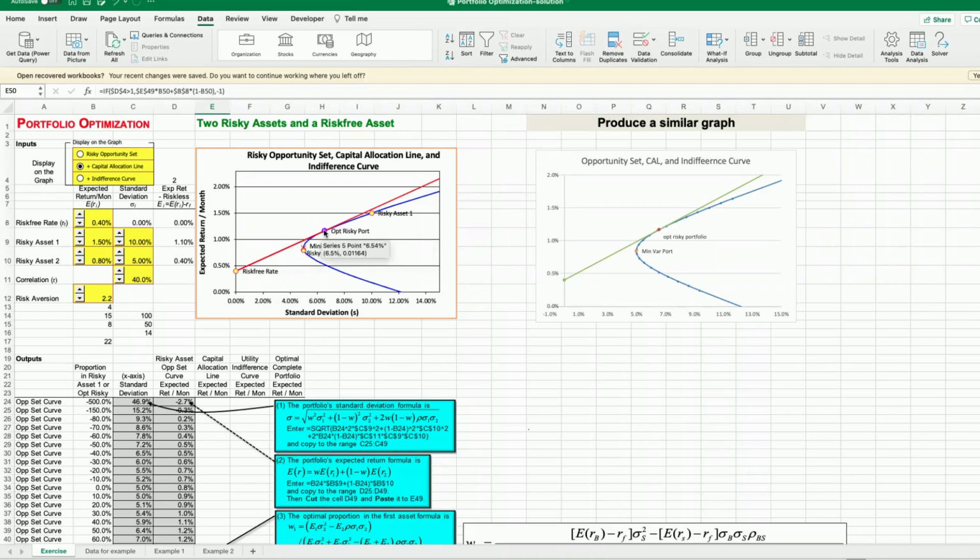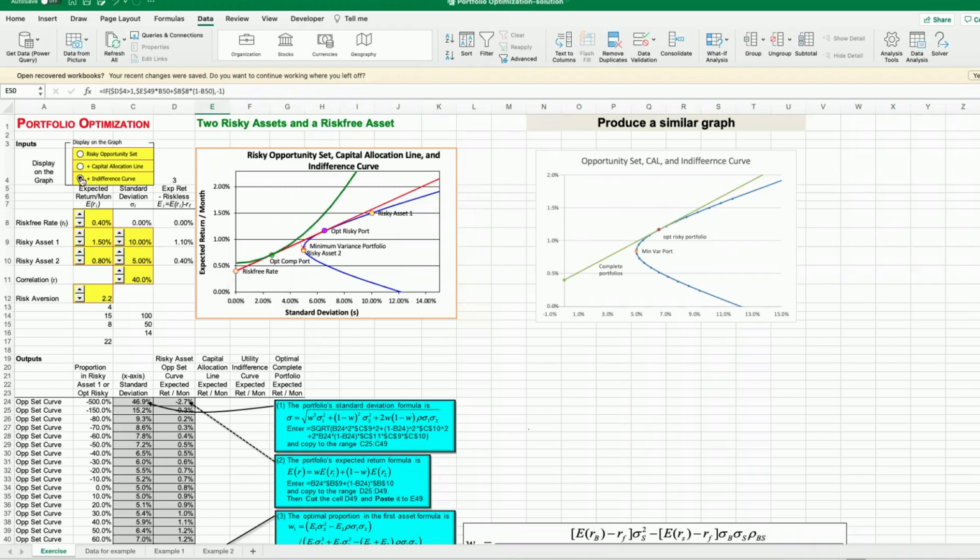At this point, they will invest 100% in the optimal risky portfolio. At this point, they invest 100% in risk-free. At the midpoint, they will invest 50% in risk-free, 50% in risky. Any point beyond the optimal risky portfolio, they will over-invest in the optimal risky portfolio and borrow money from the risk-free market at the risk-free rate.